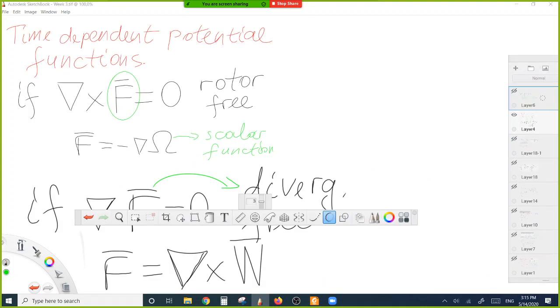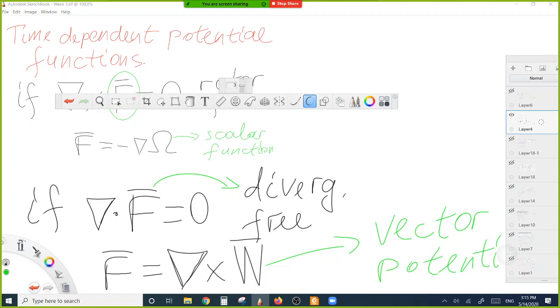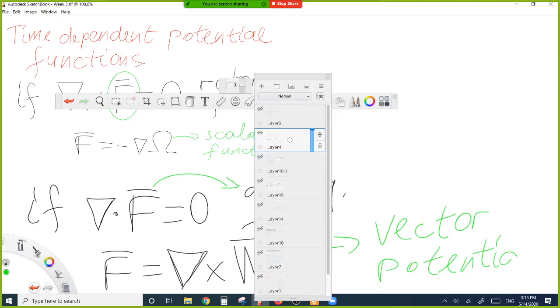In this slide, W is the vector potential.